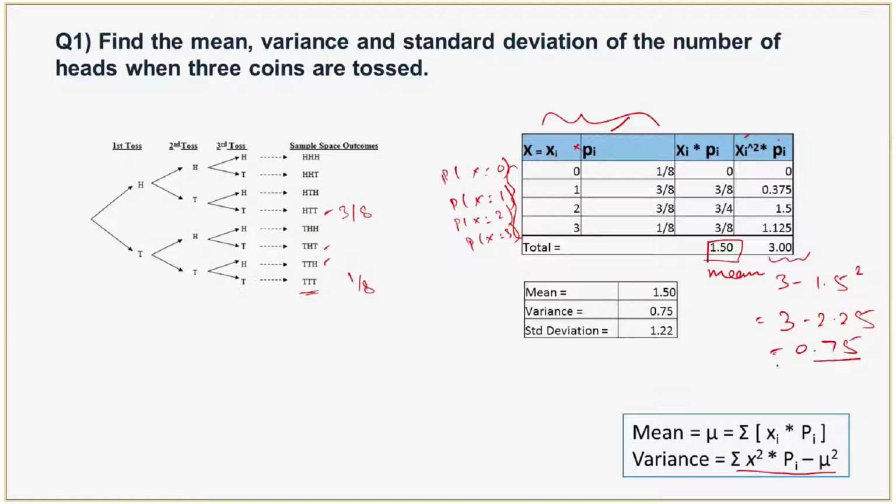So this will be the variance, and this is the mean which we got. Take the square root of the variance, that is square root of 0.75, you get the standard deviation.